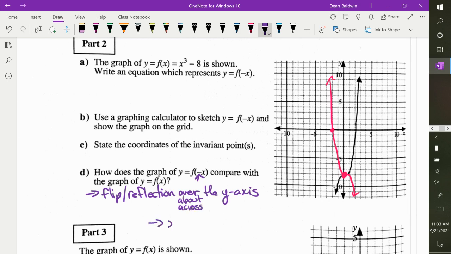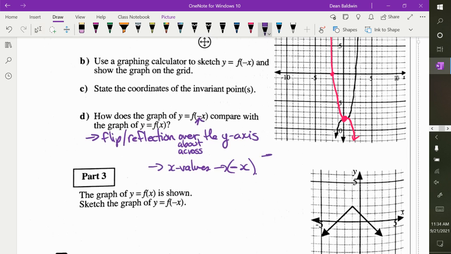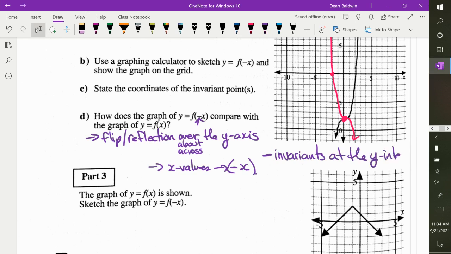Basically, the x values become negative x. Just put a negative in front of all the x values, and you will get the graph. Oh, we should say the invariant points. Where do the invariant points occur? Invariance at the y-intercept, which is 0y, because x is 0.